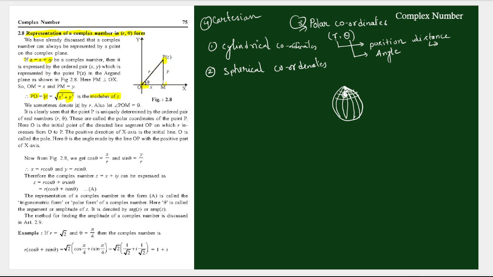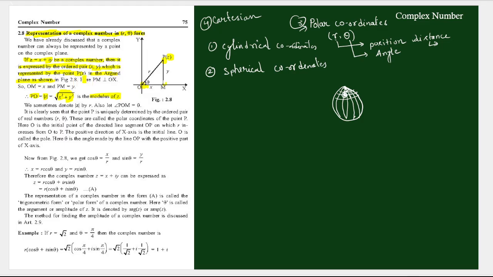So here we say that you should write in your copy, if z equal to x plus iy be a complex number, then it is expressed by the ordered pair x comma y, which is represented by the point P z in the Argand plane, as shown in the figure.